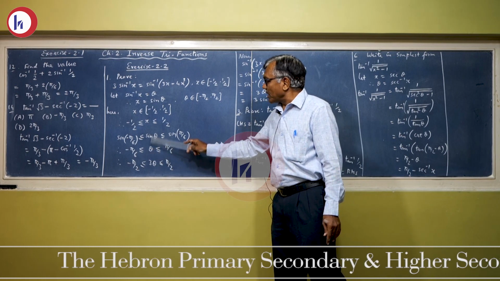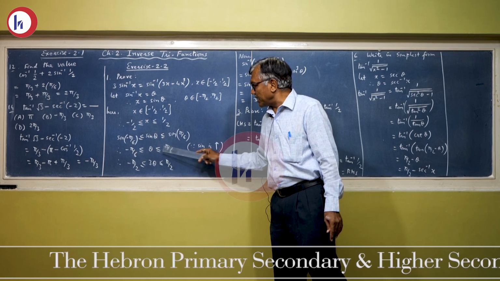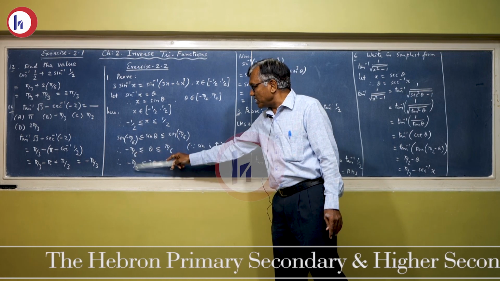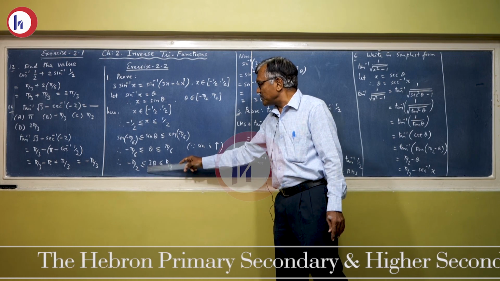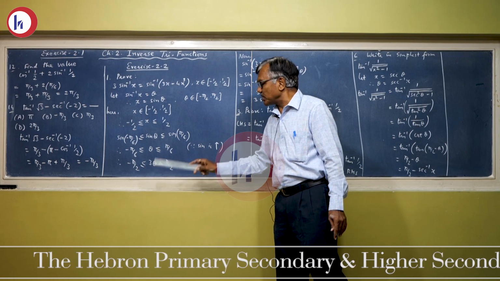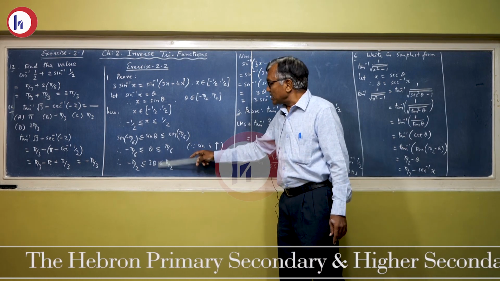Multiply by 3 everywhere, so this becomes minus pi by 2 to pi by 2, closed interval. Theta lies between minus pi by 2 to pi by 2, which is the range of sin inverse. Now why have we done this?